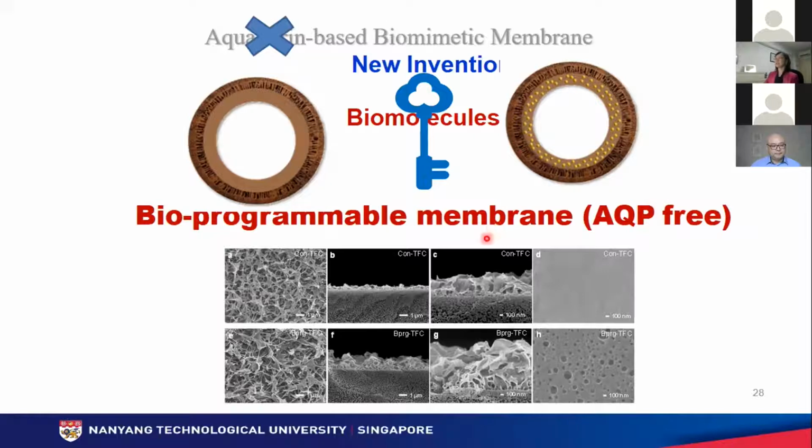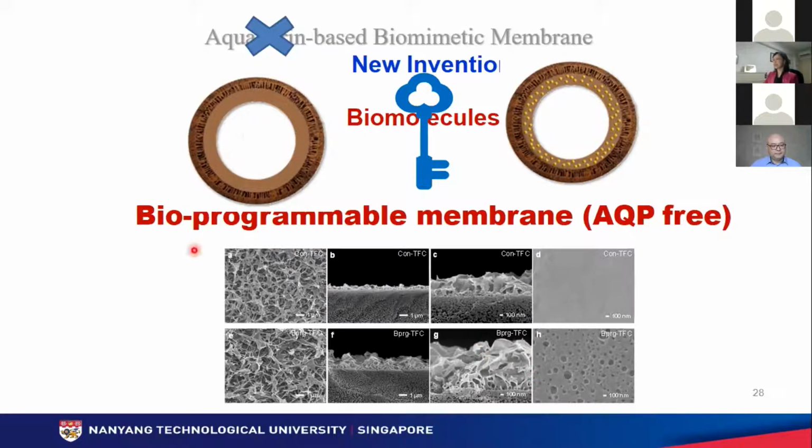In this project, at the same time, we also identified one type of biomolecules without aquaporin that can adjust the matrix of the selective layer. And I hope you can see the morphology here.